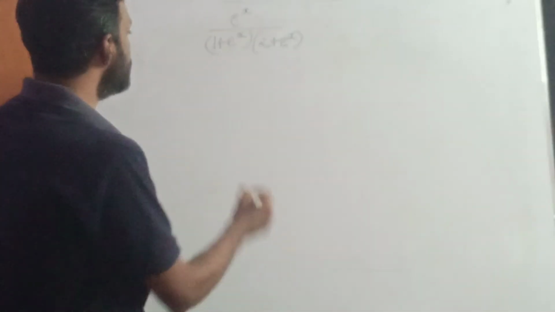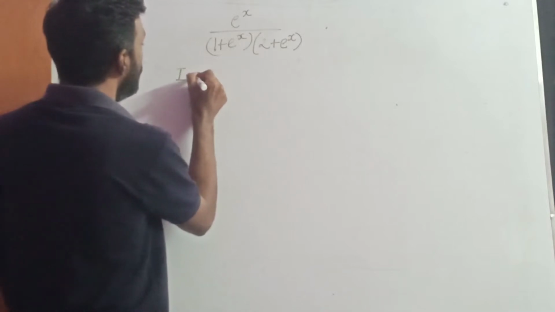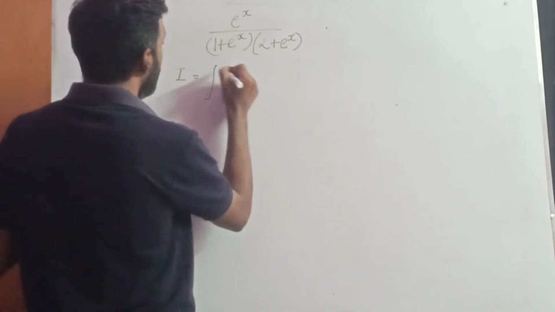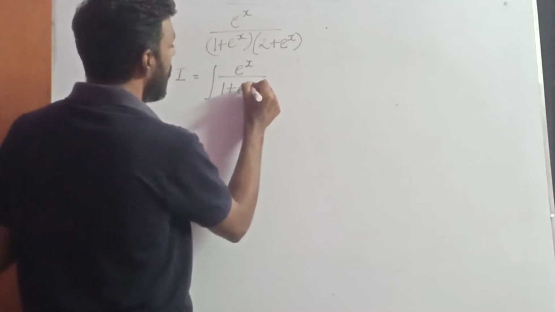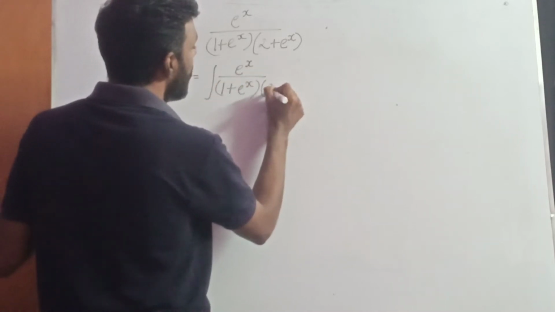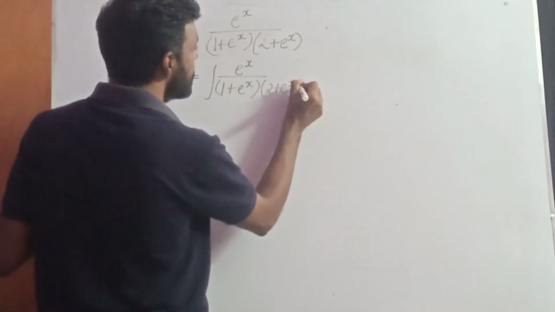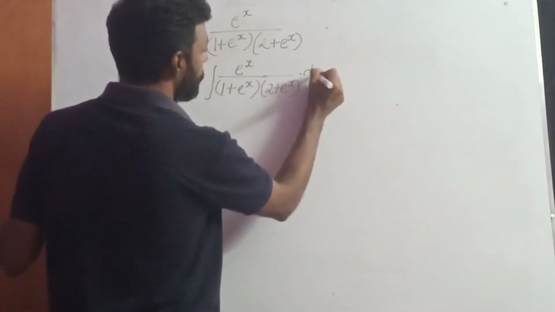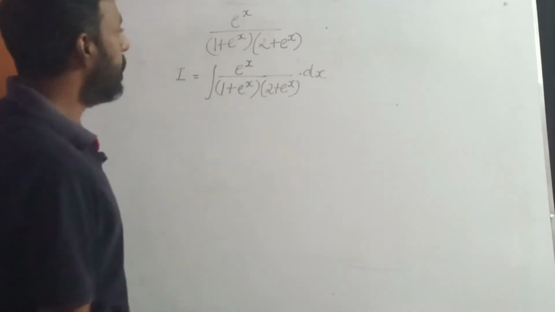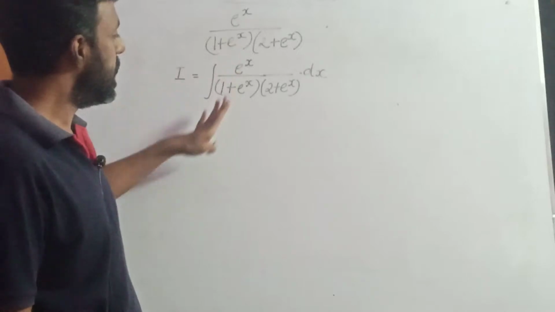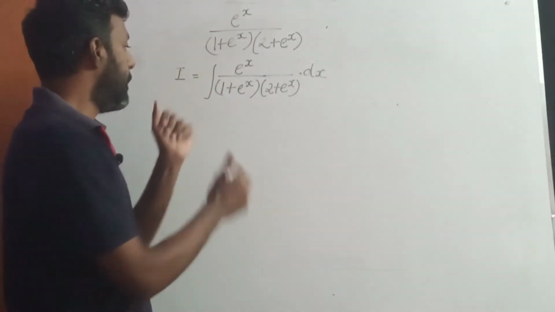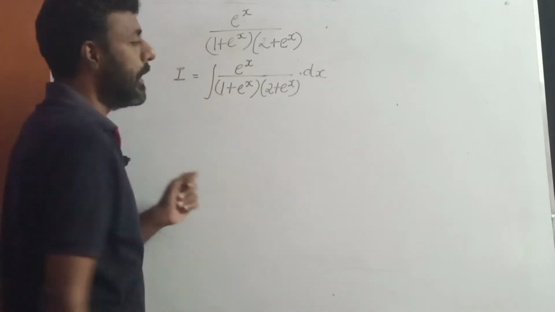So what I can do is assign I equal to the integral of e to the power x divided by 1 plus e to the power x into 2 plus e to the power x, into dx. Now I am bringing the entire term, numerator and denominator, under the integration symbol, equating it to I, and adding this dx.